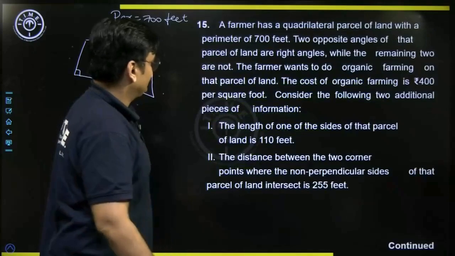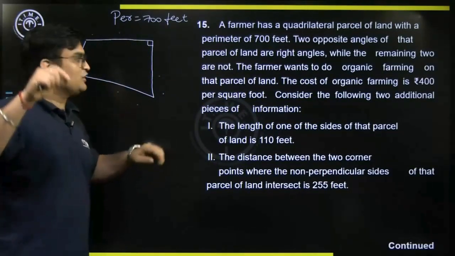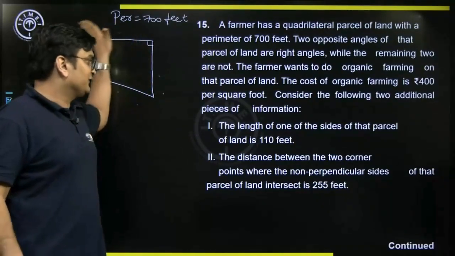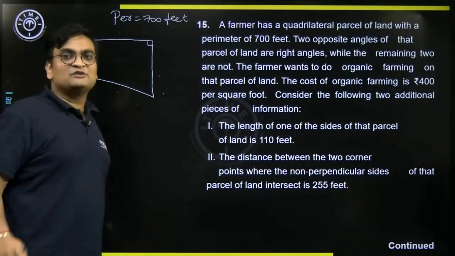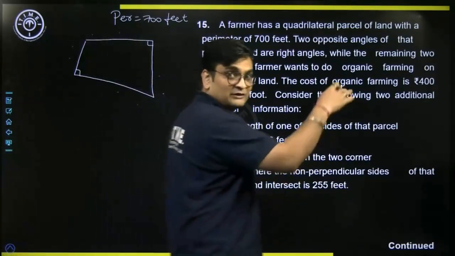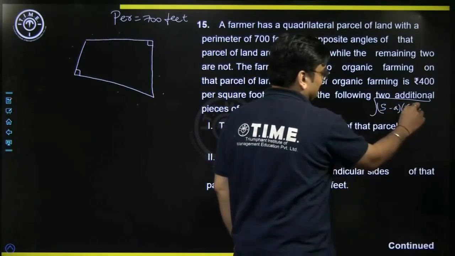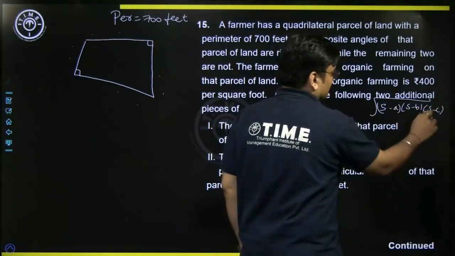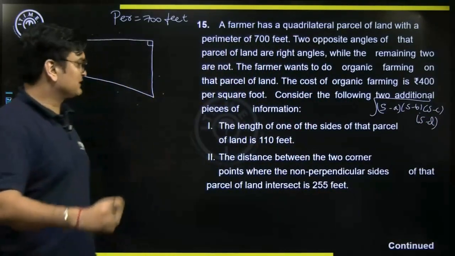Let's check. So if you take the first, basically for finding out the cost, you need to find the area of this parcel of land. It's a cyclic quadrilateral, so you can use the formula root over s minus a into s minus b into s minus c into s minus d, where s is the semi-perimeter and a, b, c, d are the four sides.